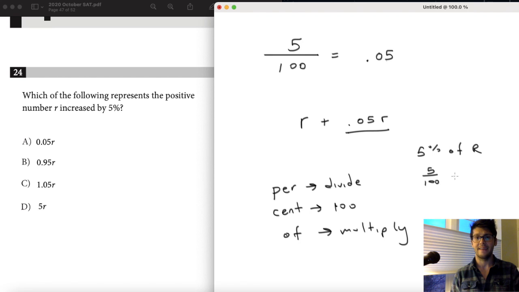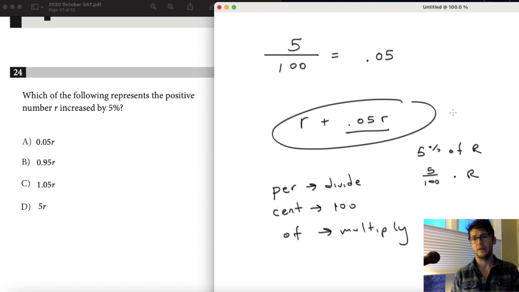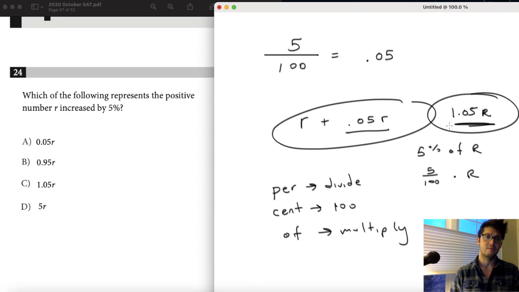You have to add that to the original r to get 1r plus 0.05r, which is 1.05r. That's your answer. So A represents 5%, B represents 5% less than the original, so that's a decrease of 5%, and C is the right answer. D is just off. Okay, cool.